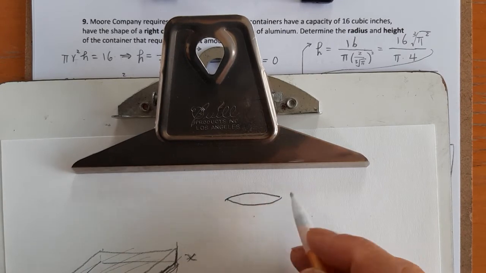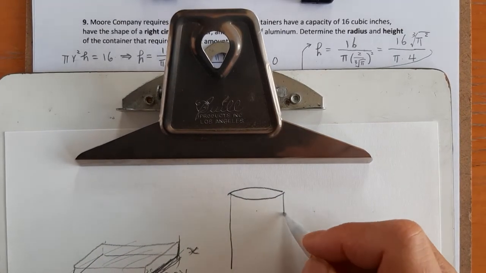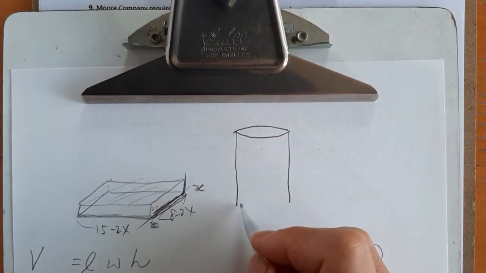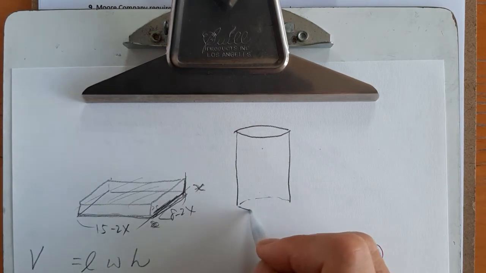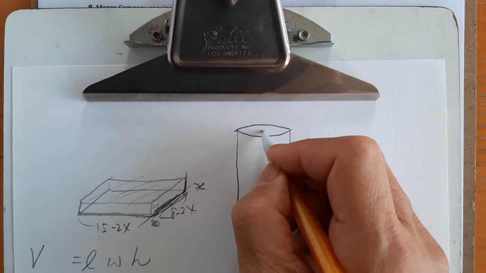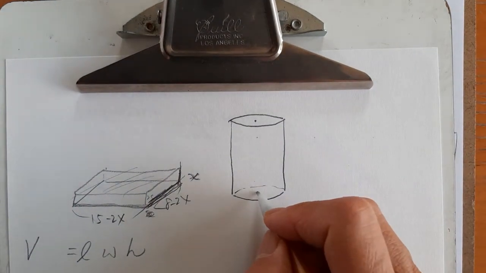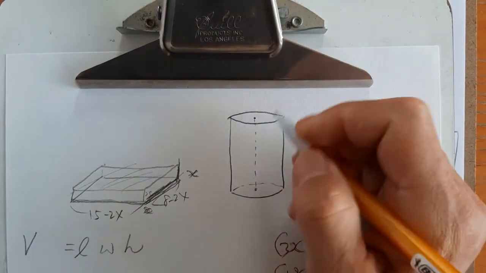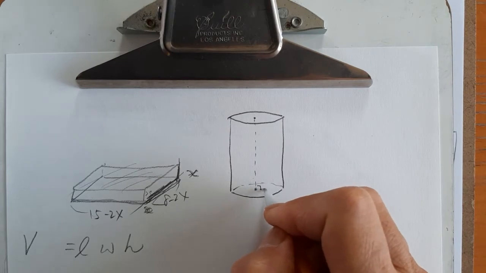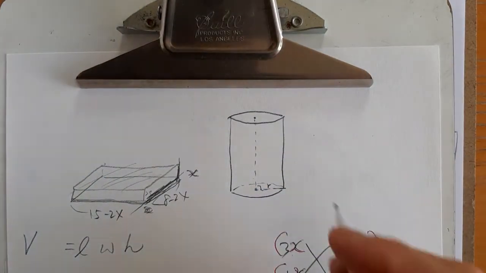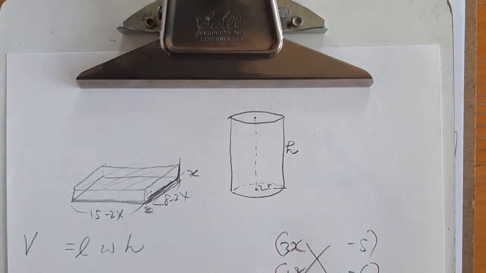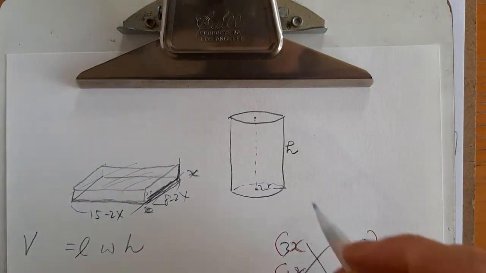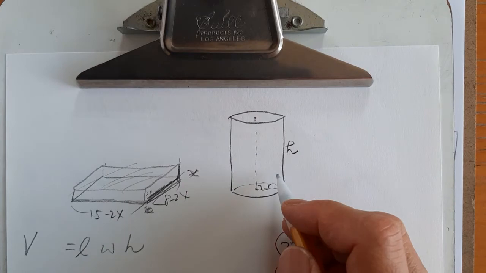So a right circular cylinder has a circle on the top, and on the bottom also a circle. Right circular means that if you connect the center of the top and the center of the bottom, the line goes perpendicular down to the base. This is the height of the right circular cylinder.